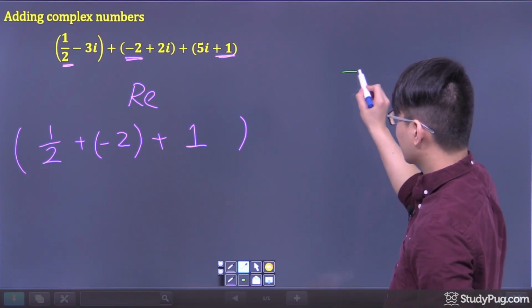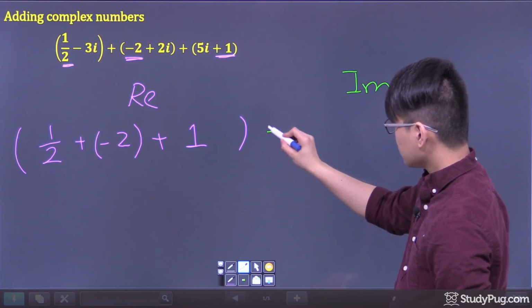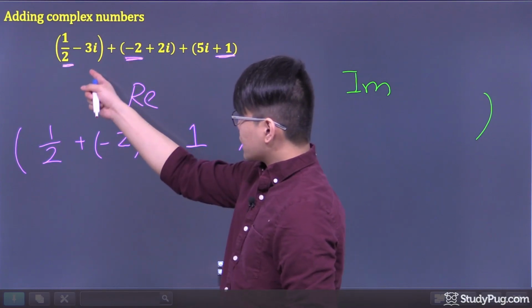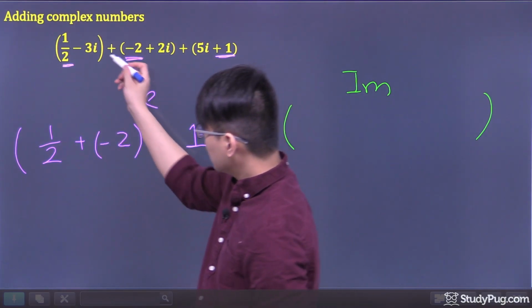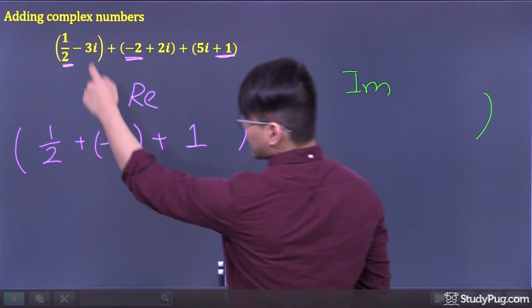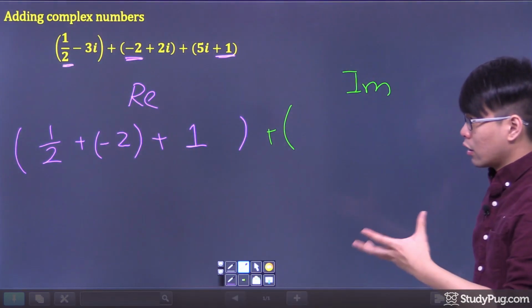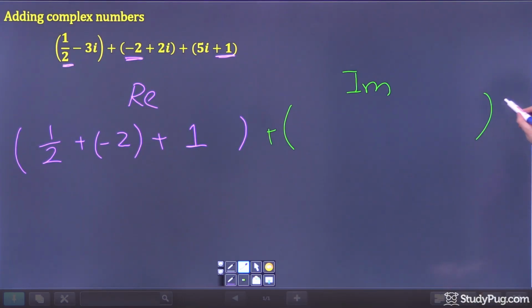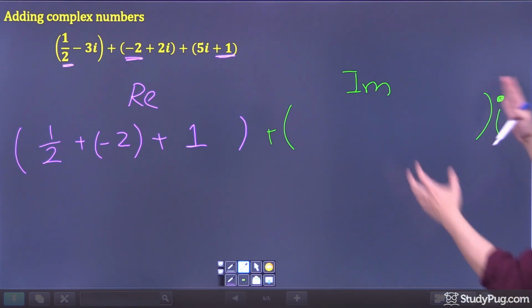Let's take a look at the imaginary parts. Okay? The imaginary part of this first complex number is -3, right? Again, we're not going to include the i when we're asked to find the imaginary part because the i goes here, right? Outside the bracket.